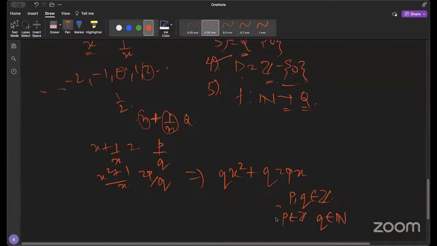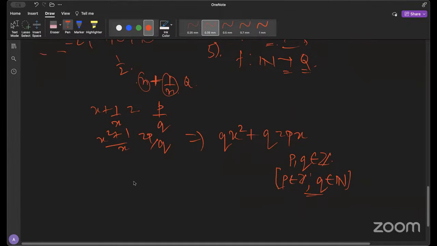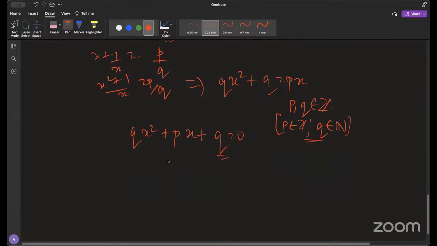This covers all rational numbers, right? So you can take this, then you have a quadratic equation and just try to check it. So we can intuitively tell that this is not going to have a real solution every time for every p and q. You can still try to check it for more clarity.